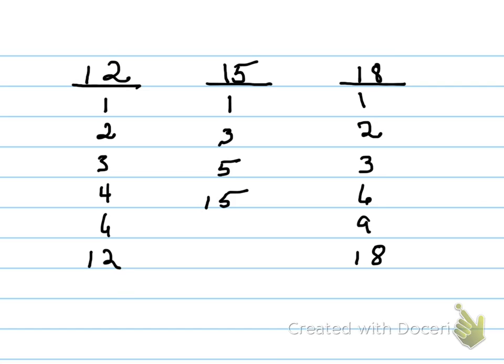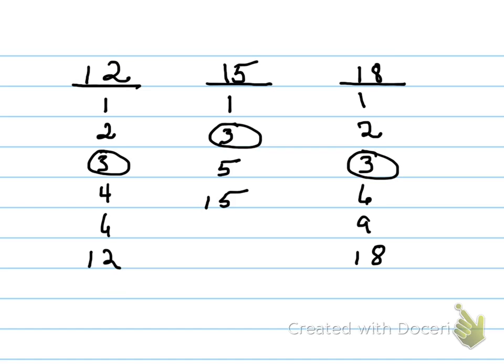Now let's go back and look at what factors are shared by 12, 15, and 18. Well, yes, they all share 1. We know that. Is there any other number that they share? Well, they don't share 2. There's a 3. Oh, look, 3. I'm going to circle 3 under 12, 3 under 15, and 3 under 18.